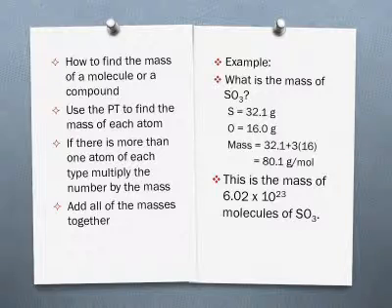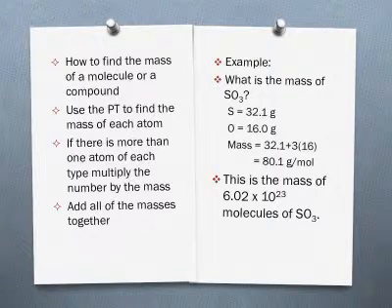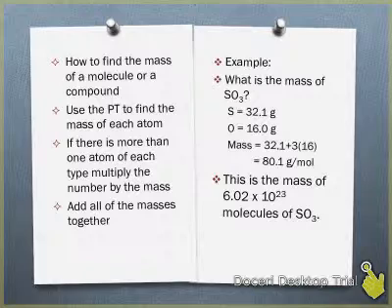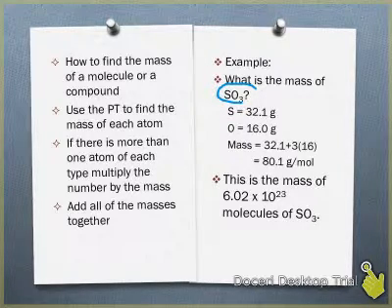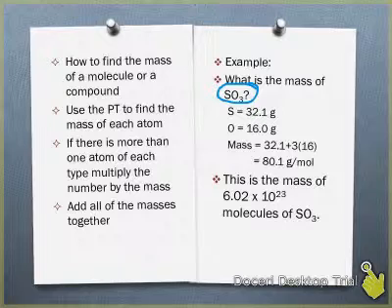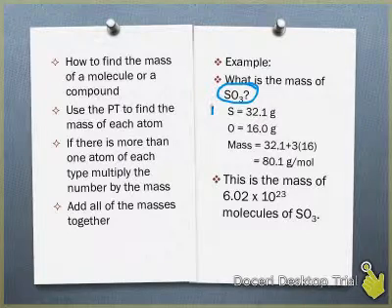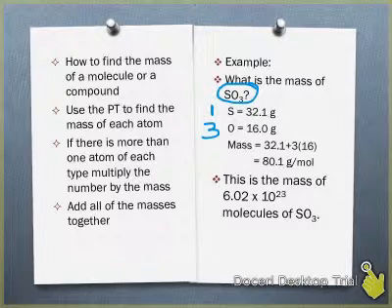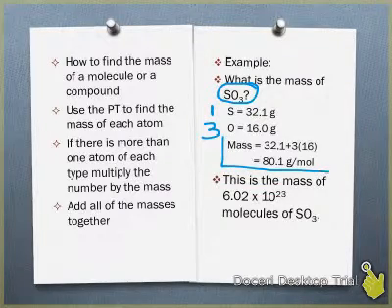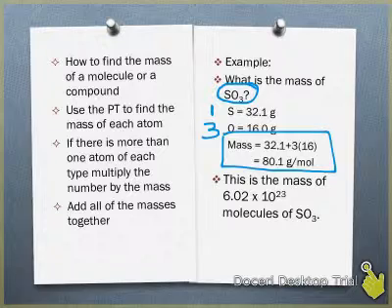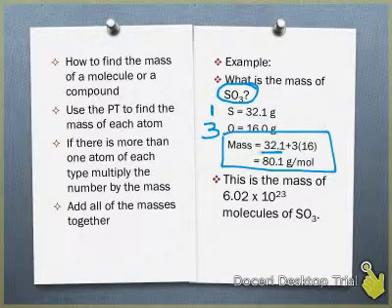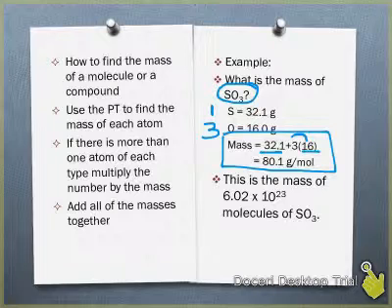So all we have to do is look at our compound. So in my example, we are talking about SO3. How many sulfurs does SO3 have? 1. How many oxygens does SO3 have? 3. So down here in my equation, if you notice, I took the mass of 1 sulfur, but I'm actually multiplying my oxygen by 3, correct?